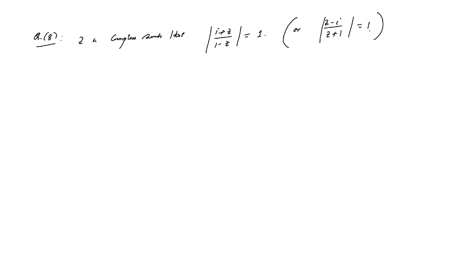z is a complex number such that the modulus of (i plus z) by (1 minus z) is basically 1. Or maybe the question is like that: (z minus i) by (z plus 1) equals 1.